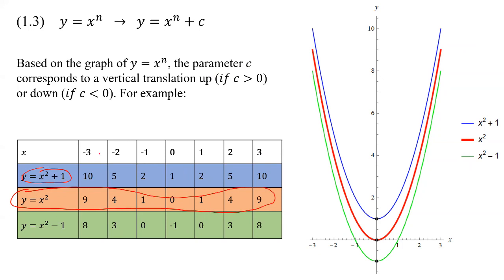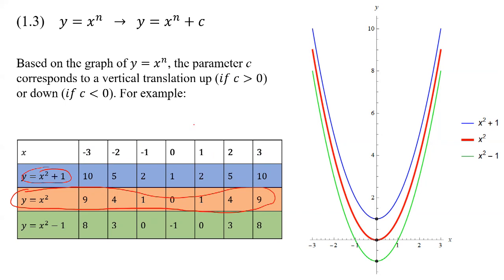What will happen? So when x ranges from -3 to 3, the original function is 9, 4, 1, 0, 1, 4, 9, right? And if we put the factor of 1 at the back of the original function, the new function is just 1 unit larger than the original function, right? So that means for each x in the original function, the value of the new function is 1 unit higher than the original function, right?